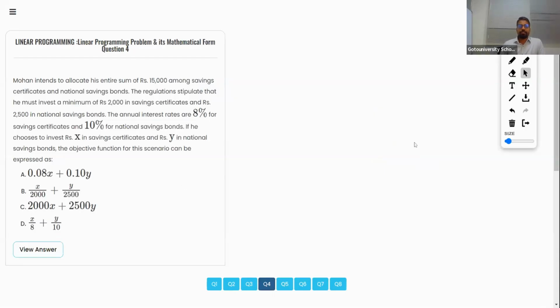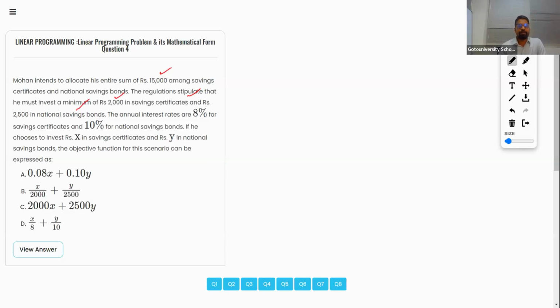Now there is a question, and we have to just choose the option. It's a multiple choice question, but see the question, it's very lengthy. Let's understand everything clearly. Mohan intends to allocate his entire sum of 15,000 among saving certificates and national saving bonds. The regulations stipulate that he must invest a minimum of 2,000 in saving certificates and 2,500 in the national saving bonds.